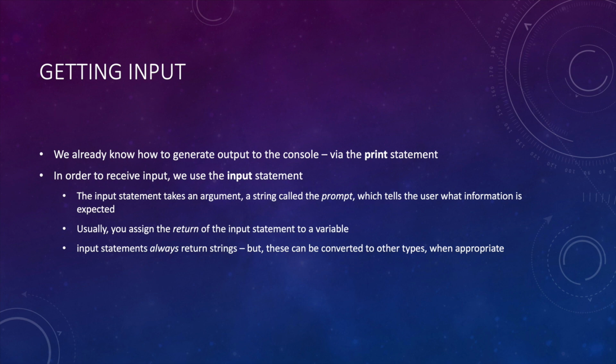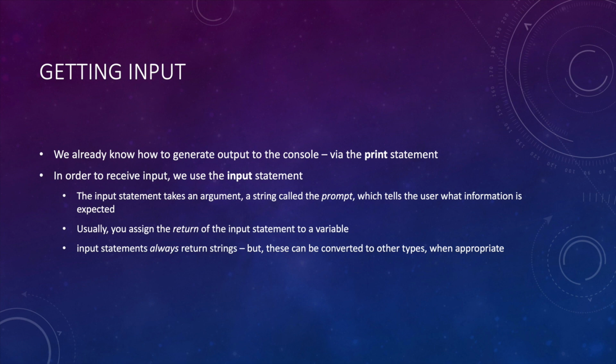We already know how to generate output to the console via the print statement, but to receive input, we need to use the input statement. That sounds pretty logical. The input statement takes an argument. So, like our print statement, you can put an argument in, which is what you want to print. Well, this one takes an argument, which is a string called the prompt. That's the thing that tells the user what information is expected.